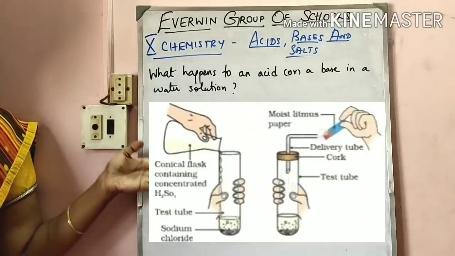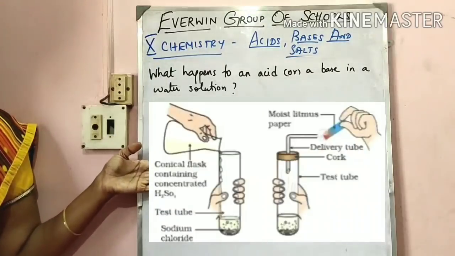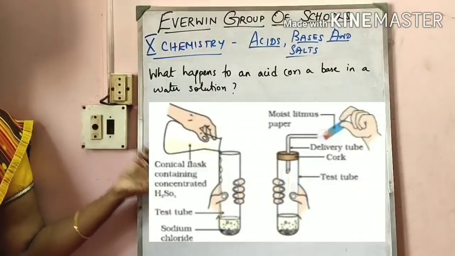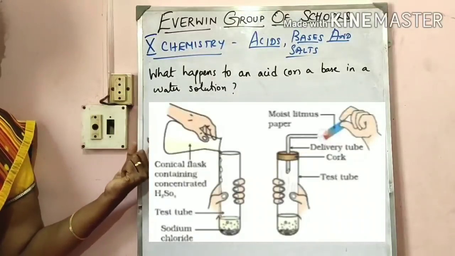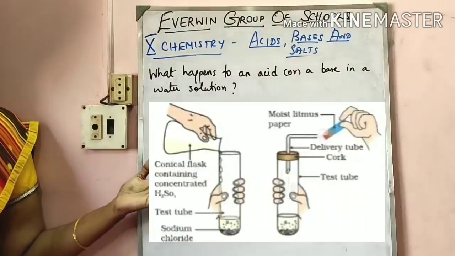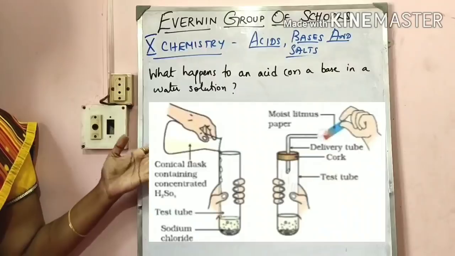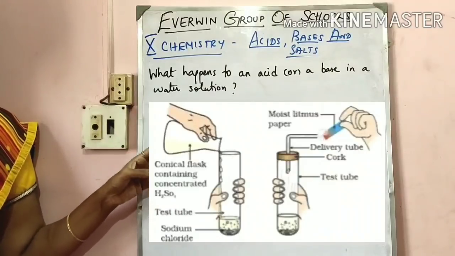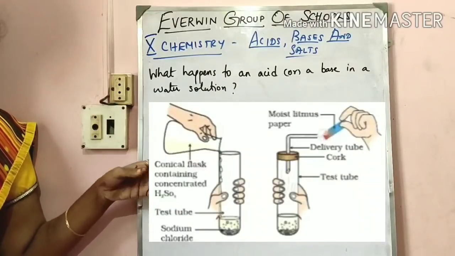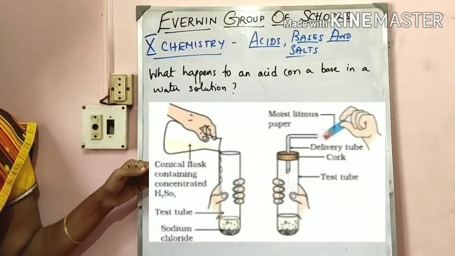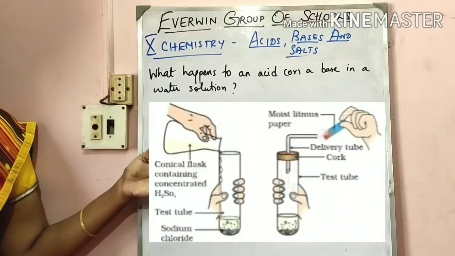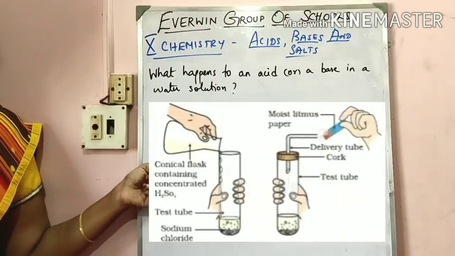Test the gas evolved successively with dry and wet litmus paper. So first you should test the gas with dry litmus paper and then with wet litmus paper, both blue. Dry blue litmus paper and wet blue litmus paper. In which case does the litmus paper change color?